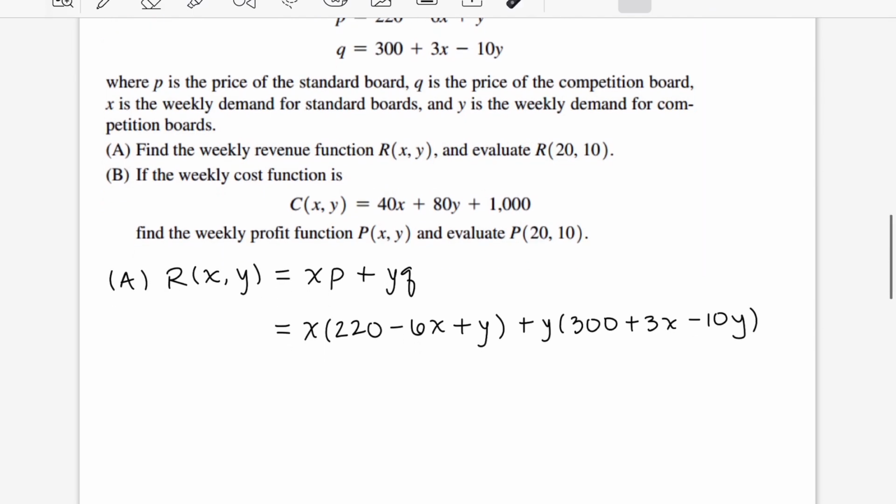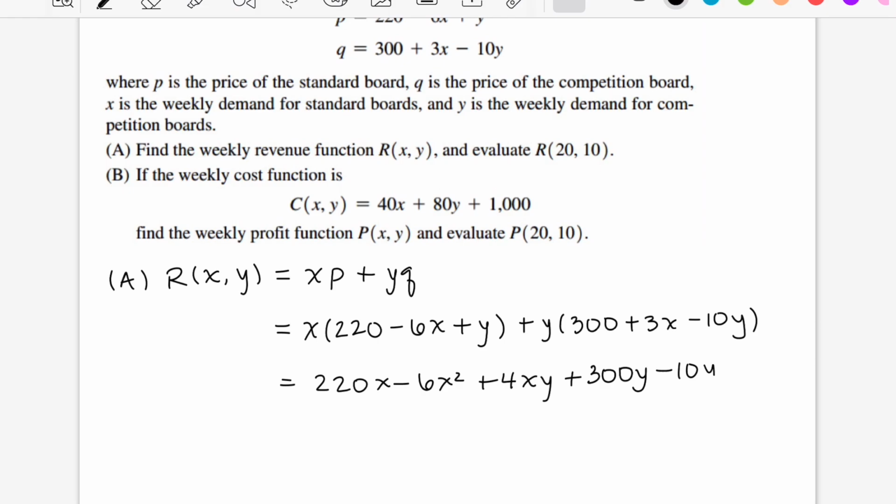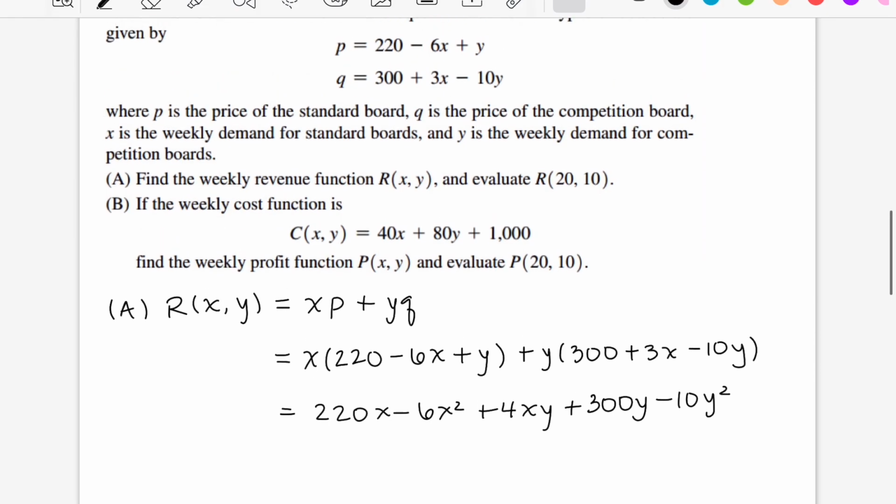All right, and then distributing this x to every term here and this y to every term here and simplifying a little bit, we'll get 220x minus 6x squared plus 4xy plus 300y minus 10y squared. All right.